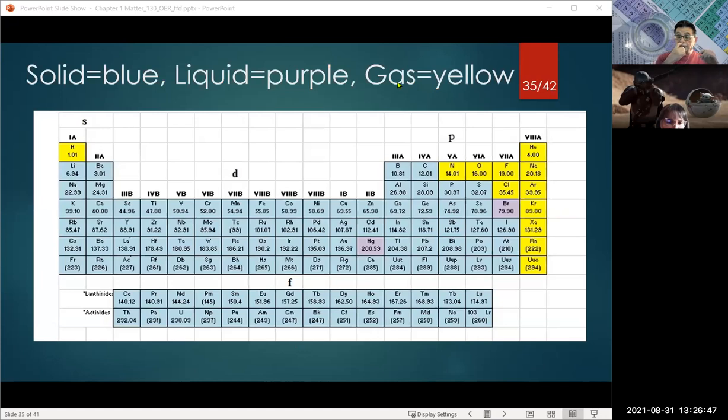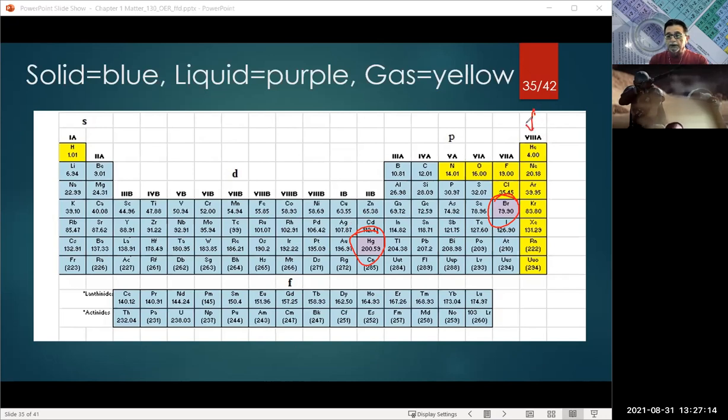Okay, so this little table demonstrates the gases and the metals, the solids, and the liquids. Okay, bromine is sitting right here, and mercury is right here. Those are the only two liquids. Okay, the ones in yellow are the gases. Here's the noble gases right here.